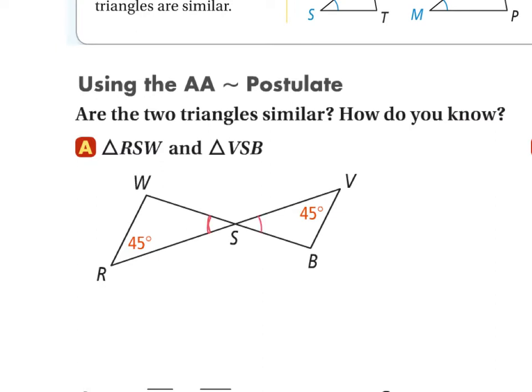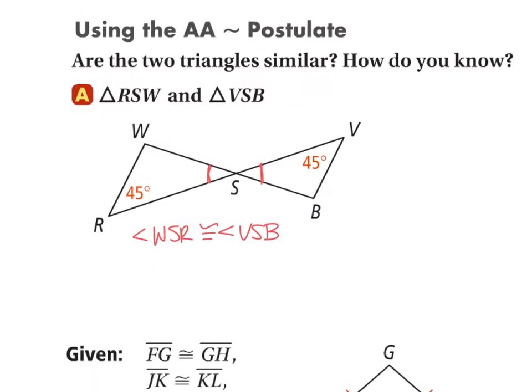Hopefully you saw these vertical angles in the middle. So since angle WSR is congruent to angle VSB, the answer is yes, they are similar by angle-angle. Okay, so that's all you need, is two angles of the triangles are congruent.